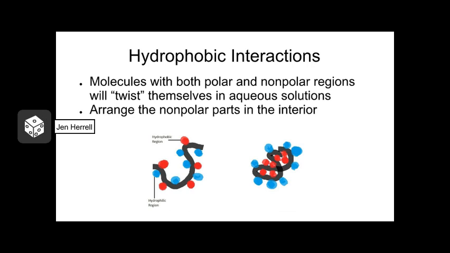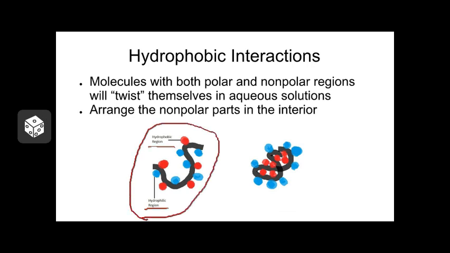Hydrophobic and hydrophilic interactions can actually help determine the shape of certain molecules within aqueous solutions. Some molecules, especially the larger ones such as proteins, have some regions that are hydrophobic and other regions that are hydrophilic. So when you put a molecule such as this in an aqueous solution that's entirely hydrophilic, it's going to start to twist on itself.